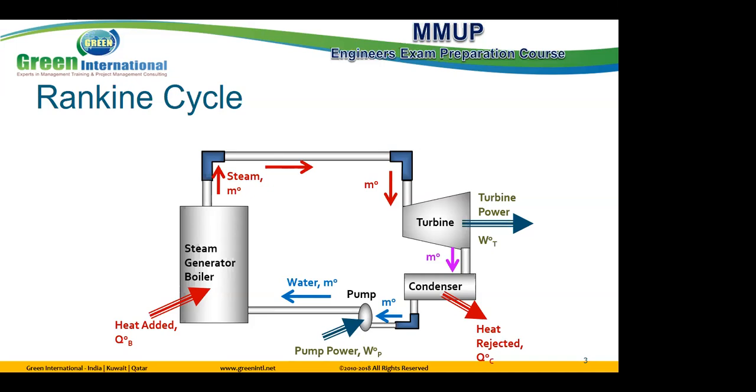These are the main four elements of this cycle. After the boiler, the medium is steam going to the turbine, then becomes a mixture of steam and water, then after the condenser it is fully pure liquid water up to reaching the boiler.